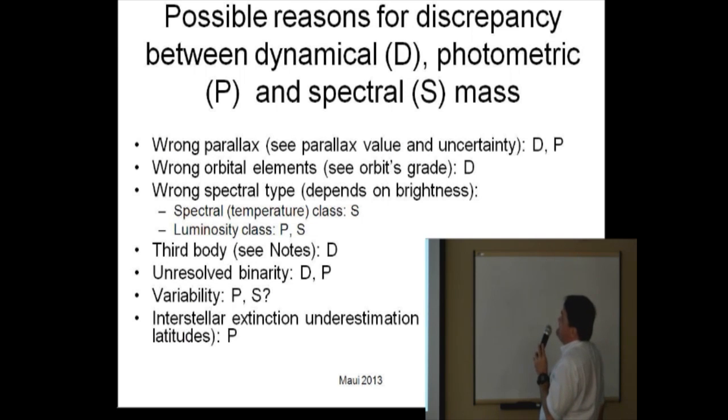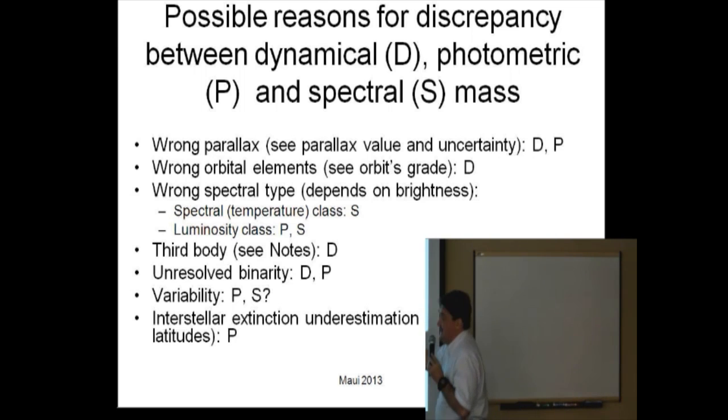Possible reasons for discrepancy between dynamical, photometric, and spectral mass. This is a list of reasons. I think that it's an exhaustive list, but probably we missed something. Probably we have a wrong parallax. In this case, we will have wrong dynamical and wrong photometric mass. Probably orbital elements are incorrect. It influences the dynamical mass.